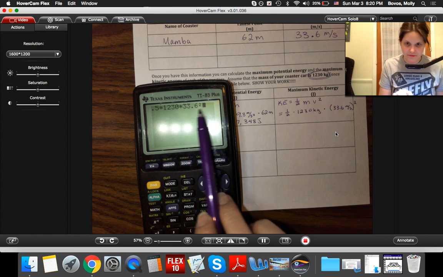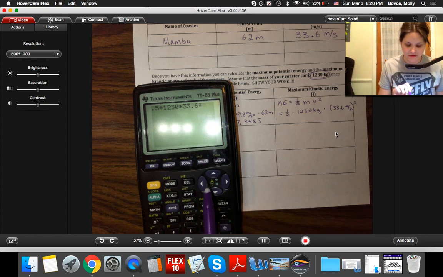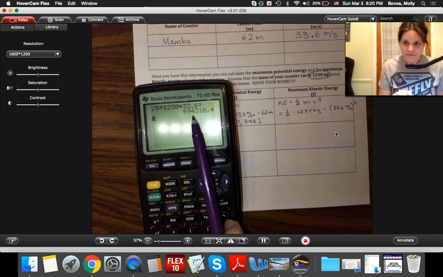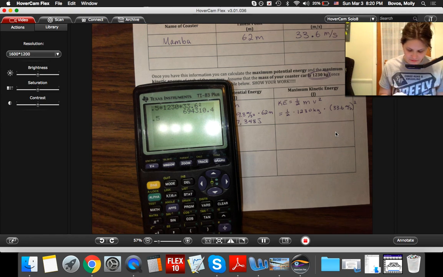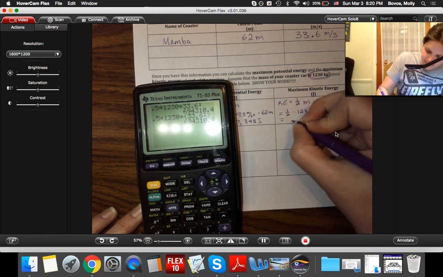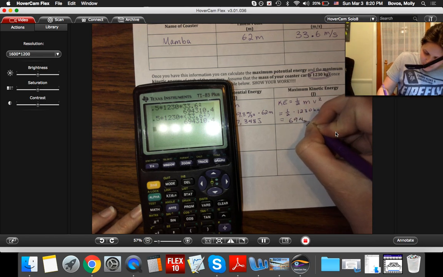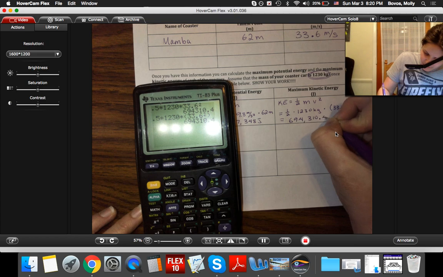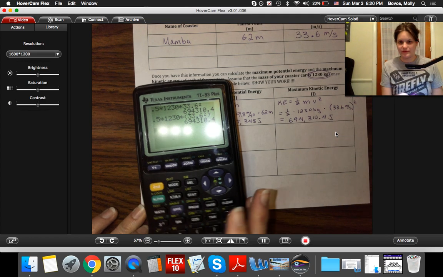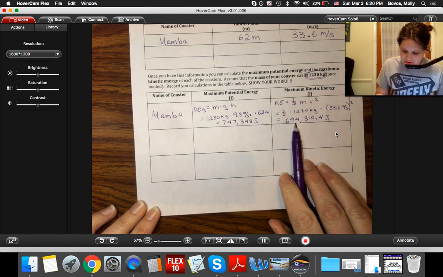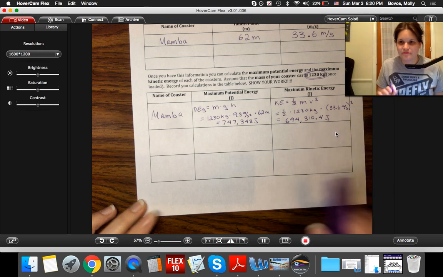You don't actually have to put it in parentheses here because these calculators should do PEMDAS, order of operations, but just to be sure, we can make sure by putting it in parentheses. Yep, got the exact same thing. So that is equal to 694,310.4 joules. Or we could just round that off to 694,310 joules and call it good.